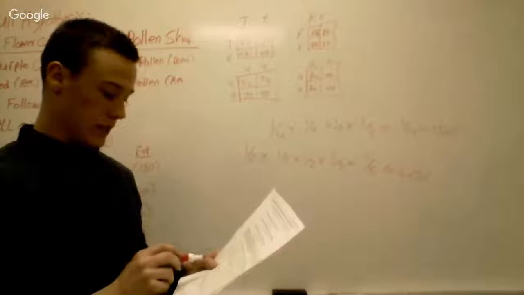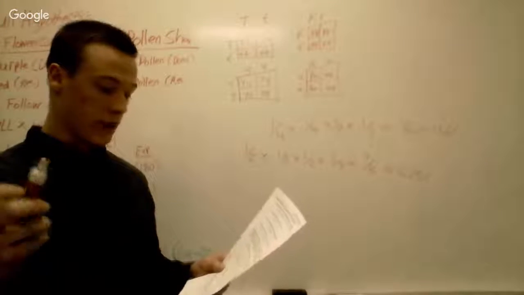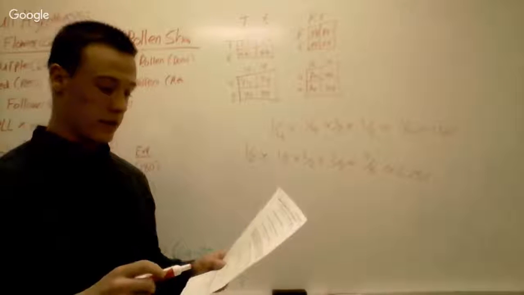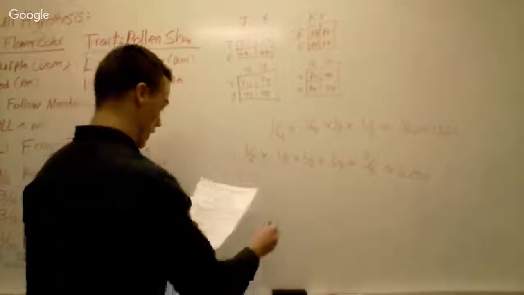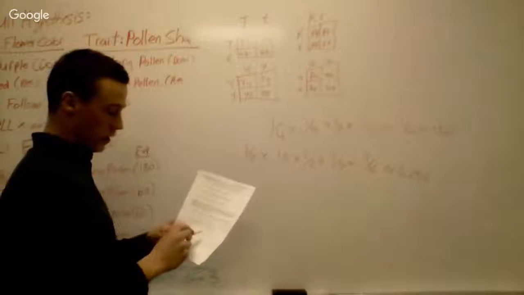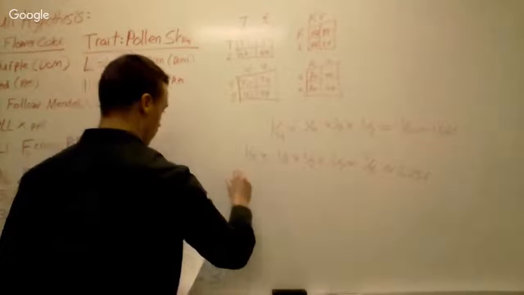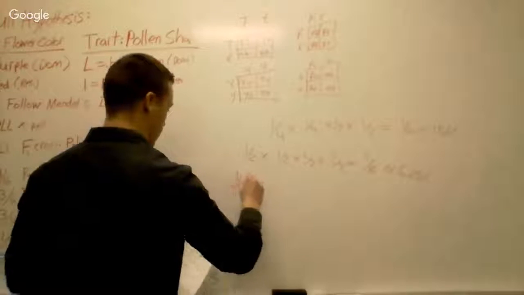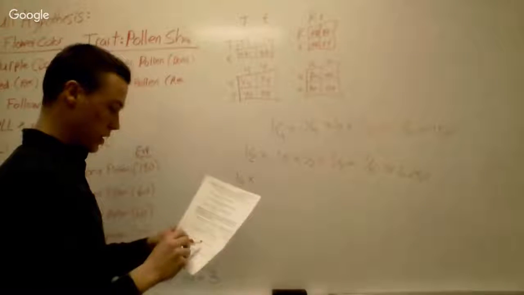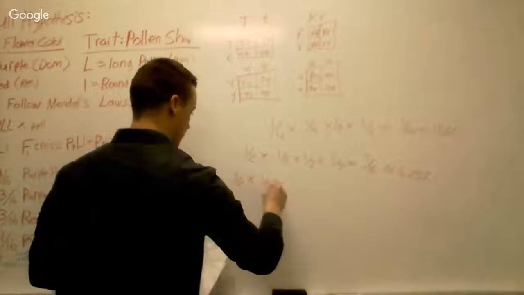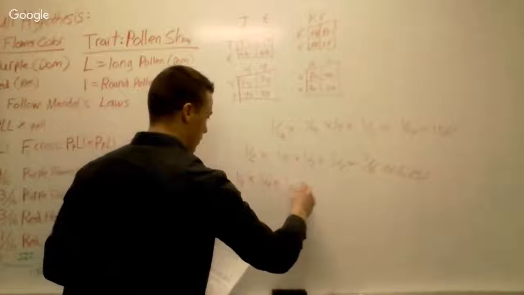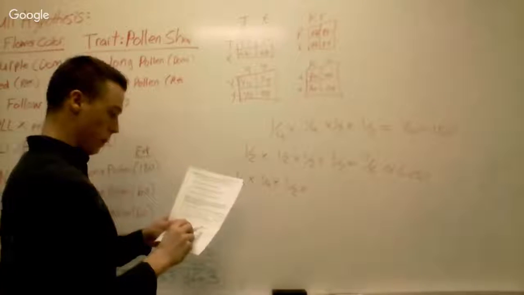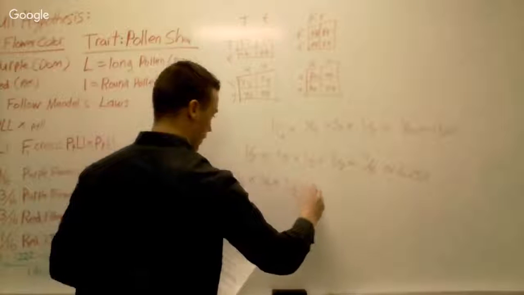Now C is asking what is the probability that the first 5 offspring have the specific genotype. First it's asking for homozygous dominant, which is 1/4. Then it's asking for homozygous recessive, which is 1/4 here. Then heterozygous again, which is 1/2, and homozygous recessive, which is 1/2 here as well.